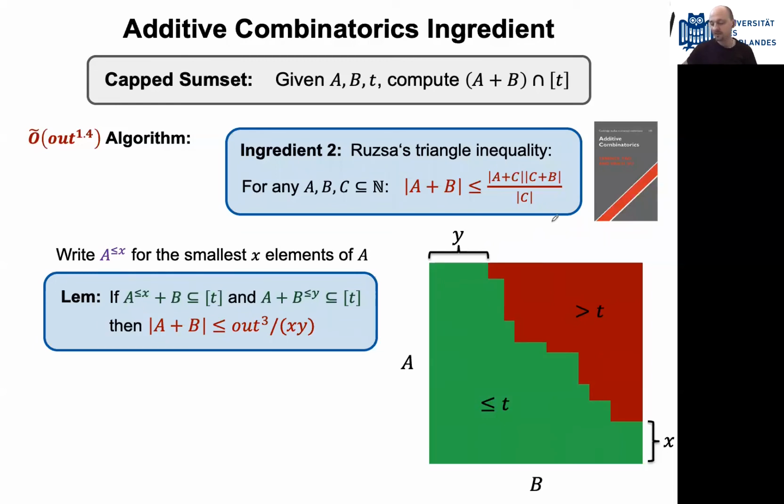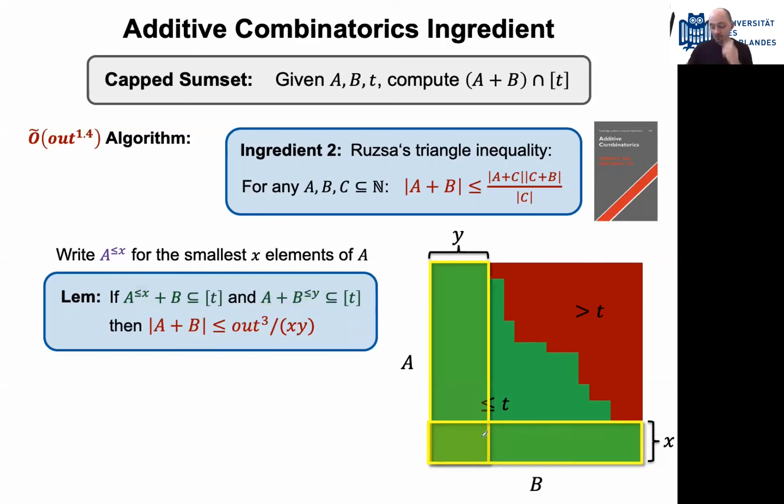I claim that it gives this easy corollary here. So this is looking at the smallest x numbers in A and all the numbers in B. Let's assume that all these sums are green, all these sums are below t. And let's suppose the same holds for set A and the y smallest numbers in B.